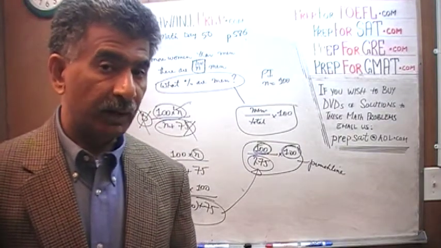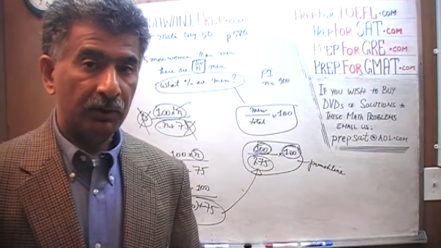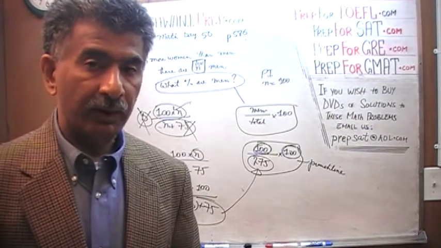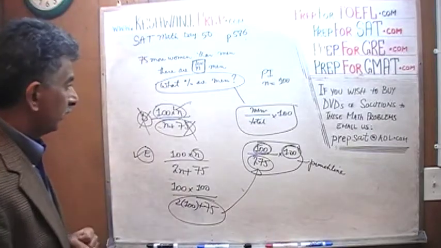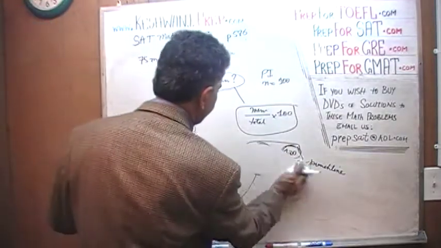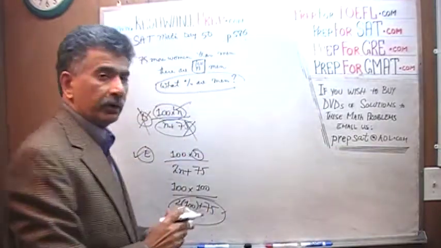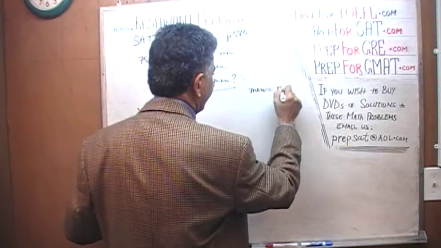Now we could have done this problem without plugging in numbers, in a purely algebraic way, which is not that bad actually, and we're going to do that in a second. I need the room again, so we need to erase it. Now we're going to do it the algebraic way. So we have the number of men is n.